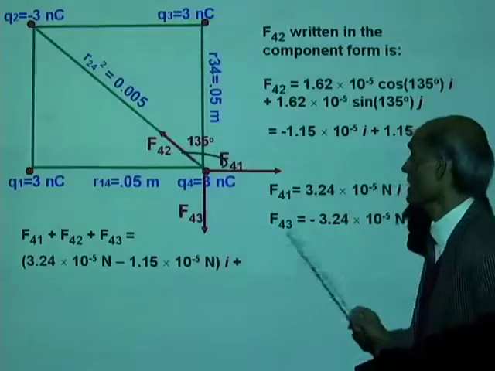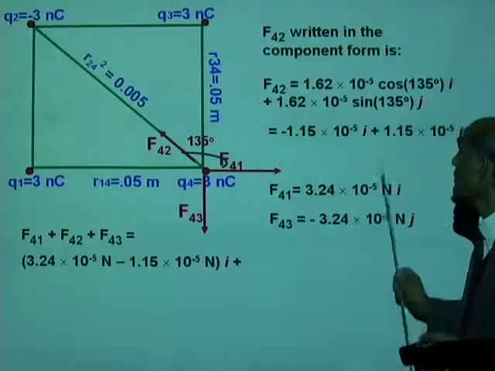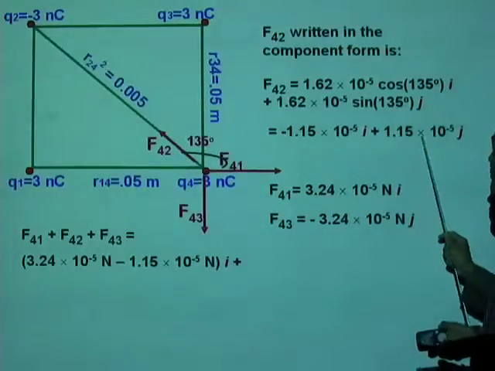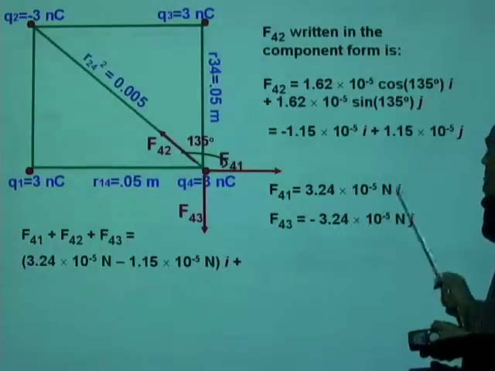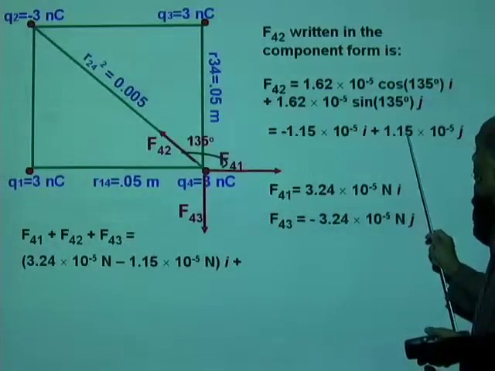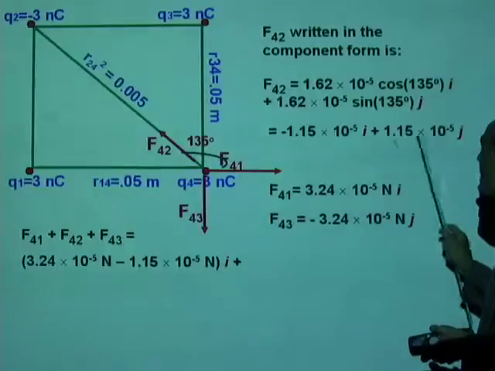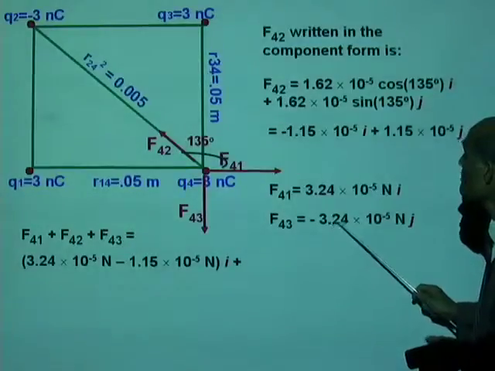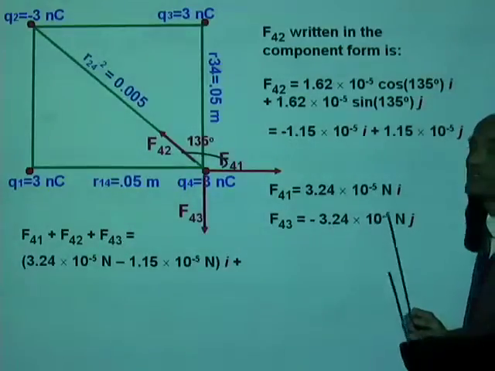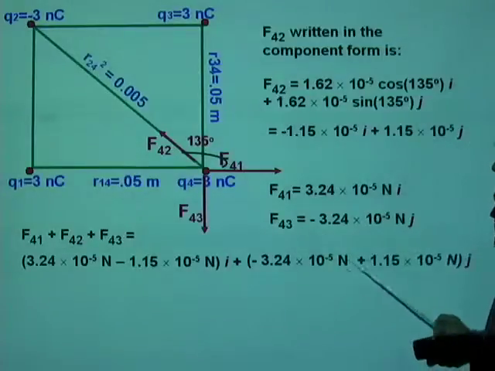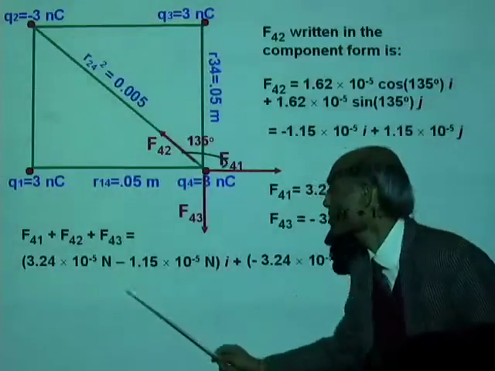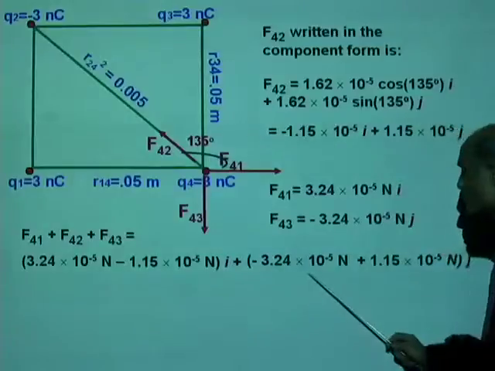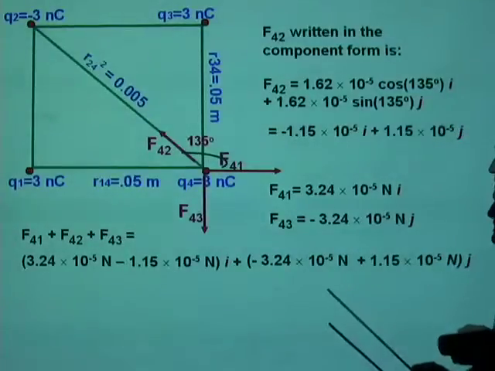Now plus, and now find the total y component. What will that be? This is positive y, this is negative y. That will be 1.15 times 10 to the negative 5 minus 3.24 times 10 to the negative 5 j. So the total x component plus the total y component.